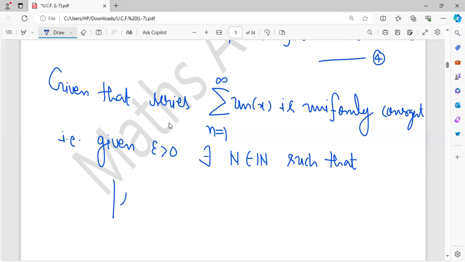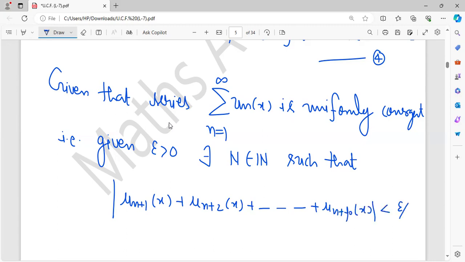It means u n plus 1 x plus u n plus 2 x up to u n plus p x is less than epsilon by k for all n greater than equal to capital N and p greater than equal to 1.